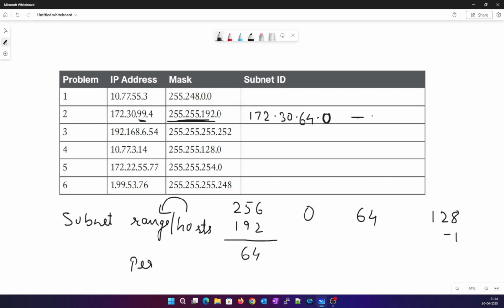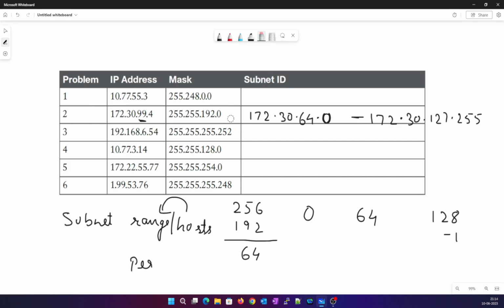So that would be 172.30. What is 128 minus 1? That is 127, and convert this 0 to 255, and this is our subnet ID ranges for this particular address mask and IP address, right?